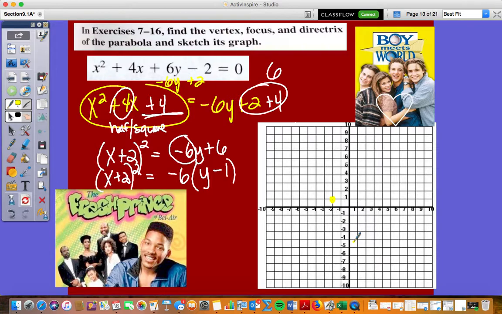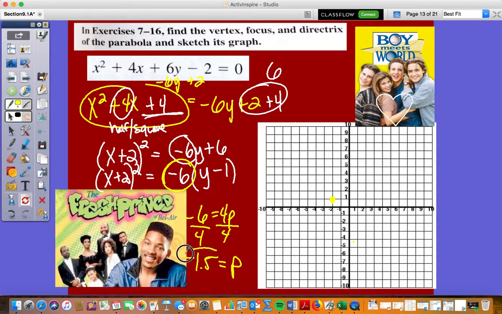So negative 6 equals 4p. Because why negative 6? It's just the number on the outside. It could be 8 or 10, it's whatever it is out there. But negative 6, we just said equal to that, right? And what do we do to get p by itself? Divide by 4. So p is equal to negative 1.5 or negative 1 1/2.